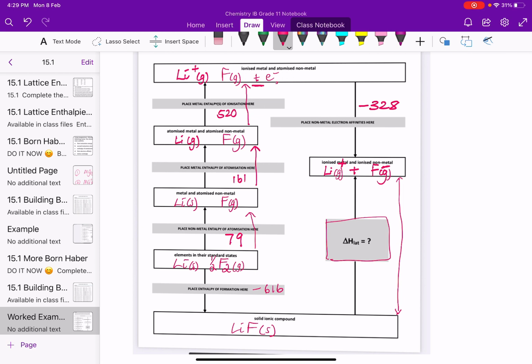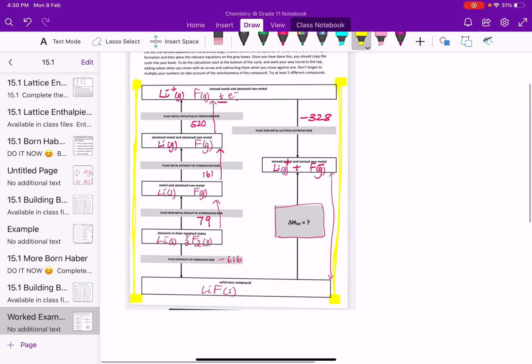So if I can say everything on this side must add up to the same that I have on this side. They're the same distance, if you like, from here to here. Whatever the value is on the left-hand side, the value should be the same on the right-hand side.